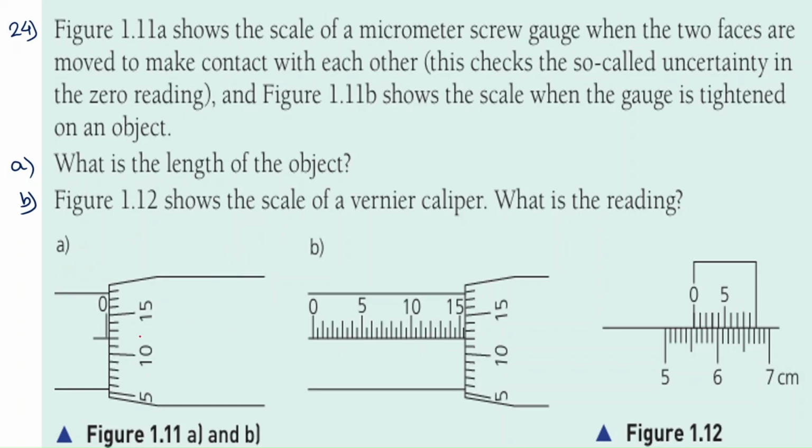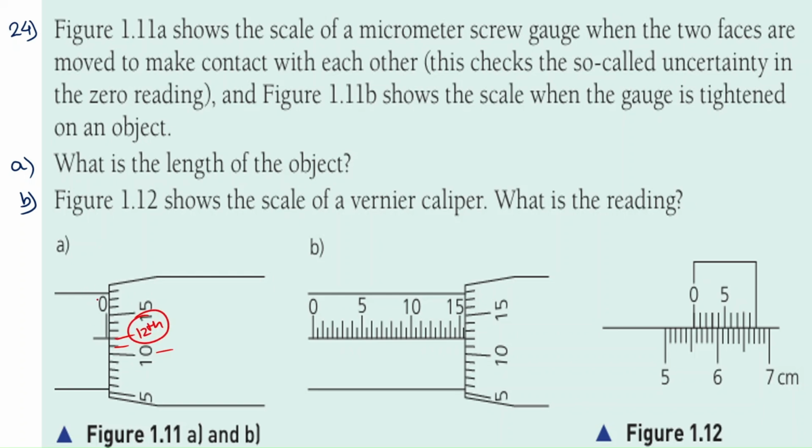Now its zero must coincide with the zero. But here you see it is not zero, it is the 12th division. It is the 10th division, 11th, and 12th division.